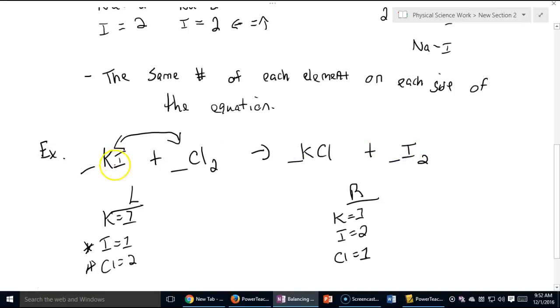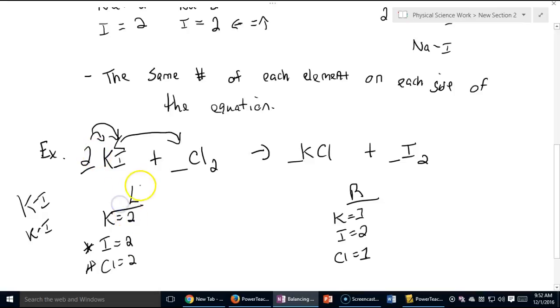So if I want to make this one a 2, I'll just put a 2 right here, because remember again, the 2 distributes to both the K and the I. Now it's like saying instead of having this, now I've got this. I've got 2 of these guys. So when that's the case, now I can change my I to 2. And then I can also make it so that now that 2 is in front of the K as well.